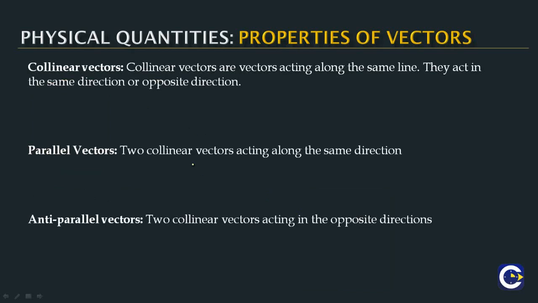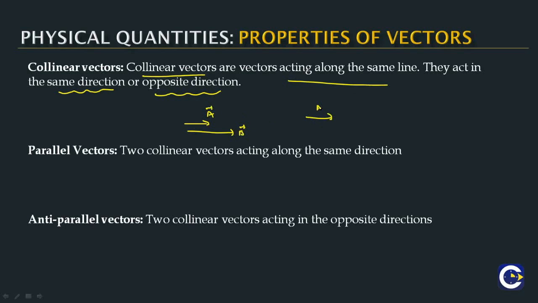Some more definitions about vectors. Collinear vectors means vectors that are acting along the same line. But keep one thing in mind, they can be in the same direction or in the opposite direction. For example, I have a vector a bar and another vector b bar. Here both of them happen to be in the same direction.